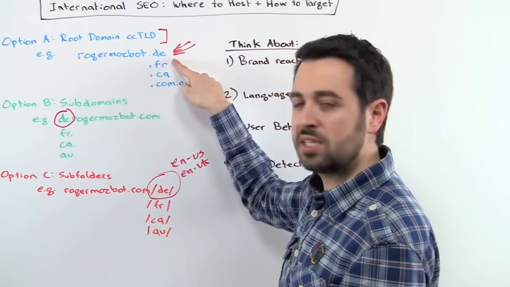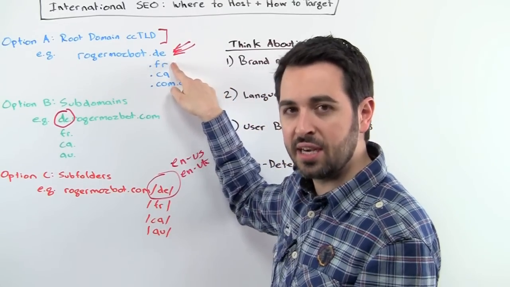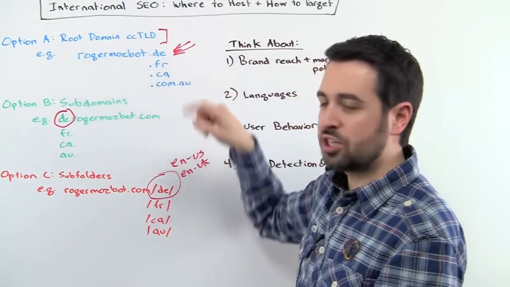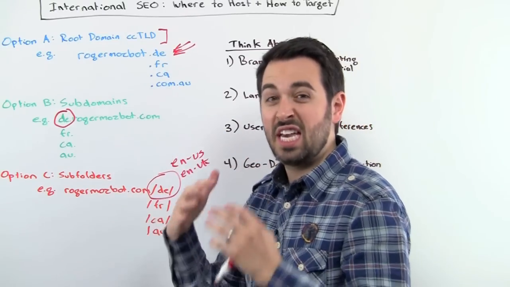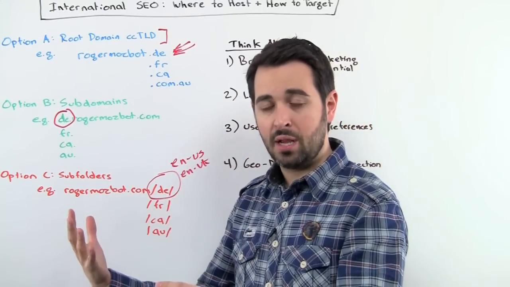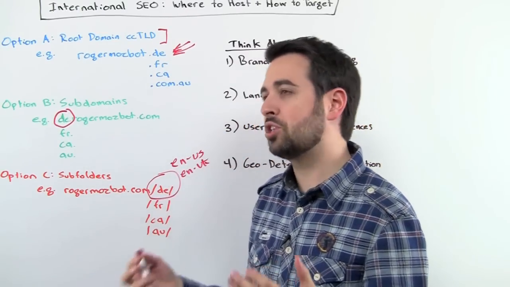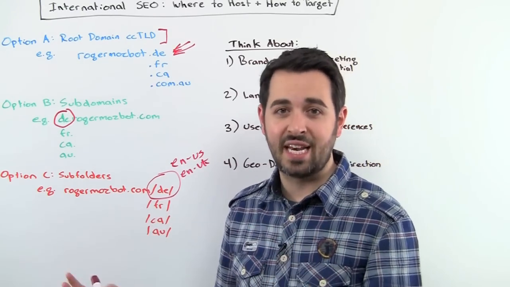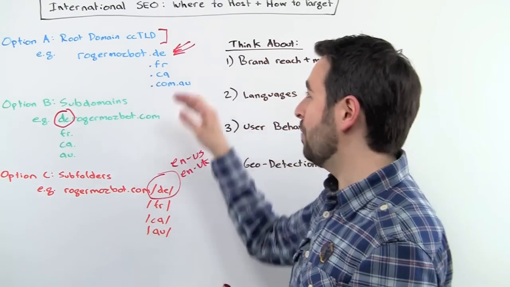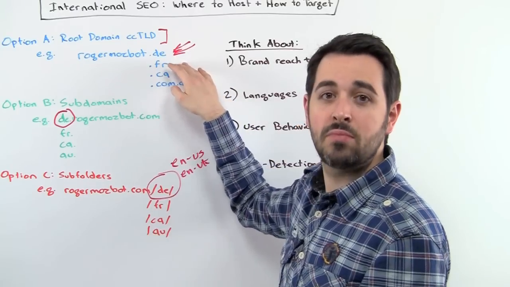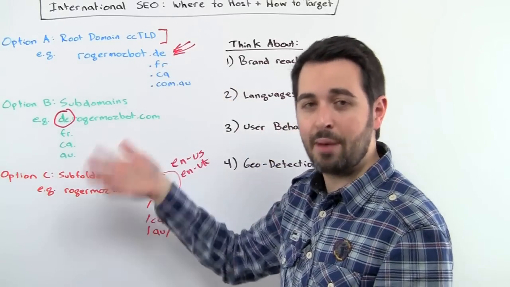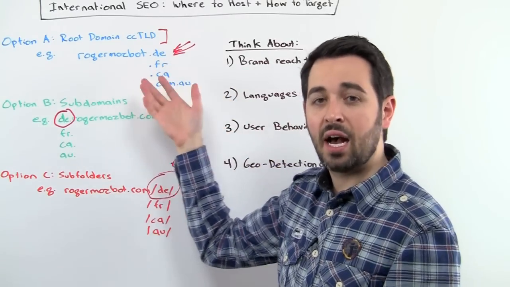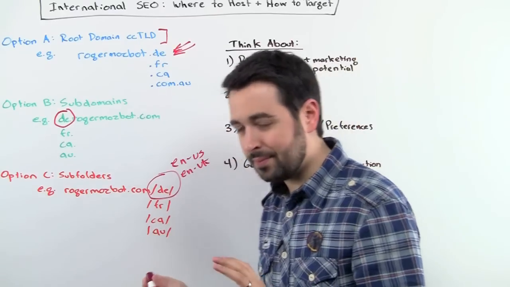That having this top-level TLD, ccTLD, country code TLD, essentially gives you that extra boost in the search engines when you're targeting those international countries. And that's why, generally speaking, if you are a big brand, big site, and you've got a big budget, I would recommend getting these specific ccTLDs, building up those country presences around those language groups.